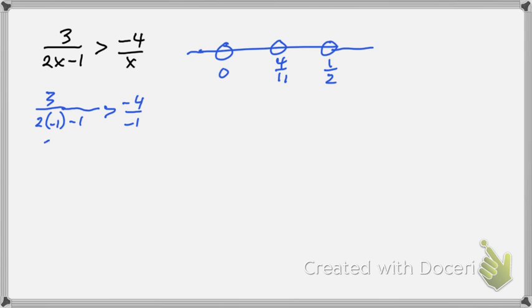So on the left I've got 3, I've got -2, -3. Is -1 greater than 4? No. So I know that part's gone.